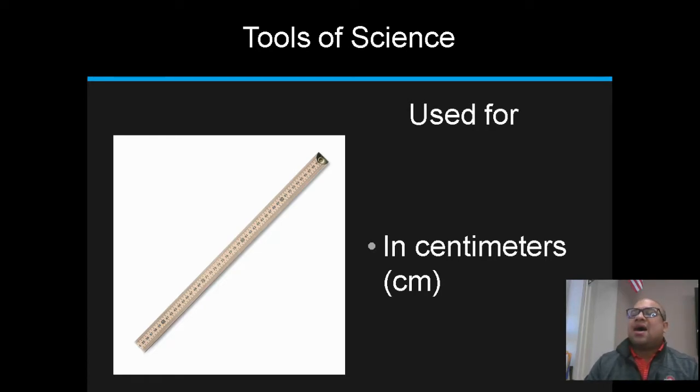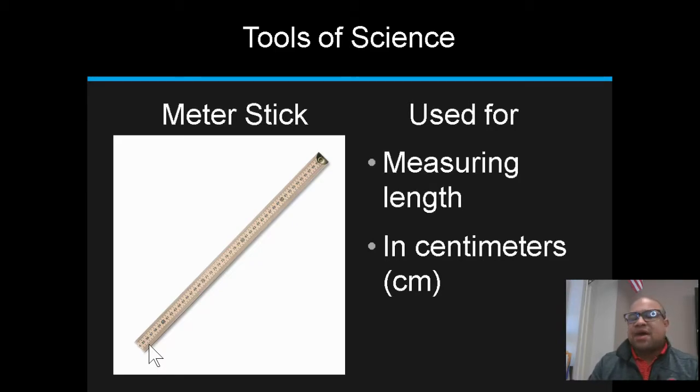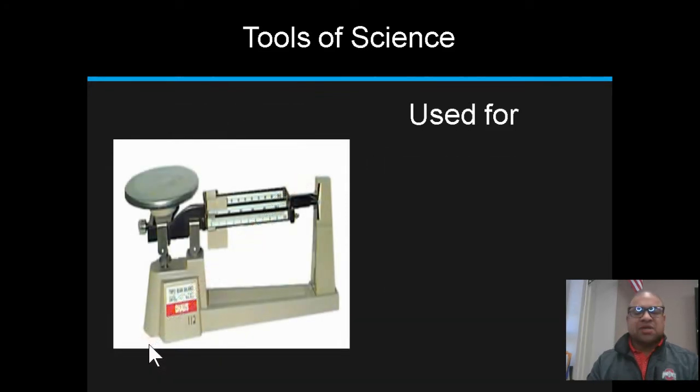A yardstick is basically 0.94 of a meter stick, and here it makes measurements in centimeters. Every number on this meter stick is making measurements in centimeters. Every tiny line, tiny segment is measured in millimeters. So it's used to measure length. That's the main purpose of using a meter stick.